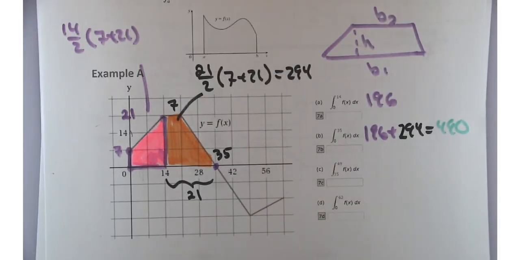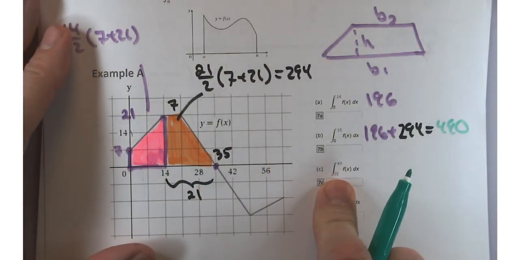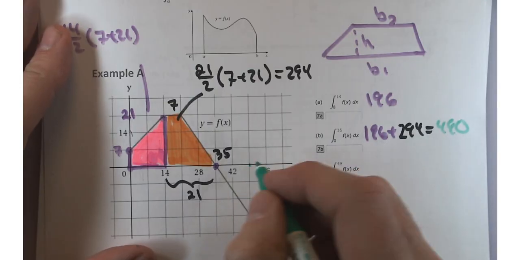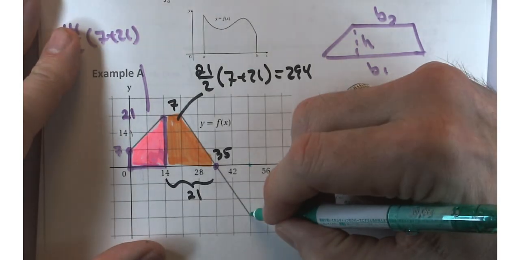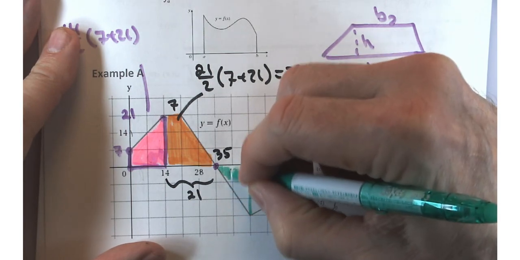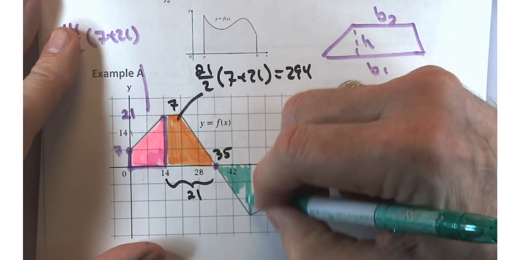And this time we want the area between, say, 35 and 49. So that 49 is going to be right here. So basically I want the area of this triangle. So at least we can get away from our trapezoid formula for a little bit.